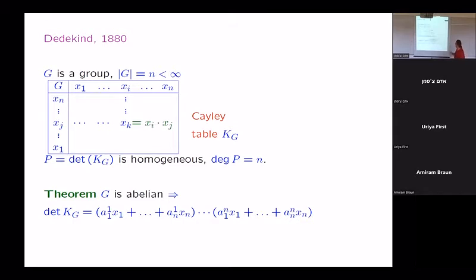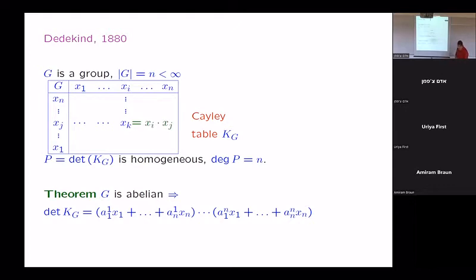In fact, we consider variables, commuting variables with relations coming from that table. This is a certain matrix, and working in the free algebra, we could find the determinant of this matrix.